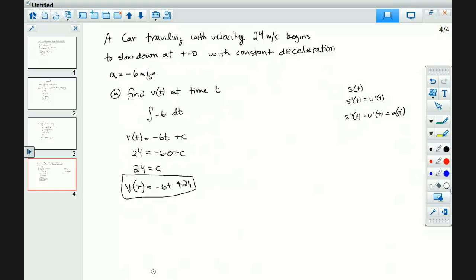So you have to plug in T now, but you know, so 24. You understand the antiderivative? Yes. Okay. So then plug in T. Velocity is 24. Time was 0. Calculate initial condition.